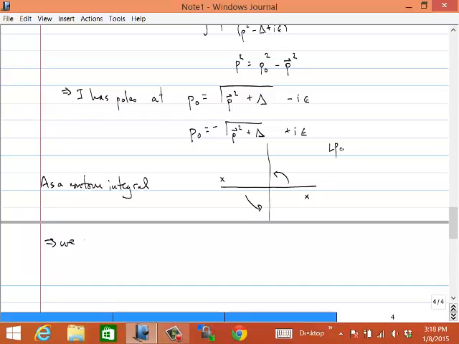So we can rotate, and this is usually known as a Wick rotation, so that we integrate the p0 variable along the imaginary p0 axis.